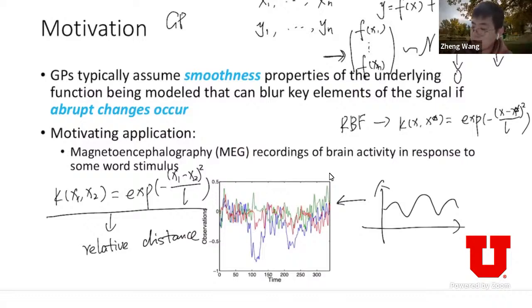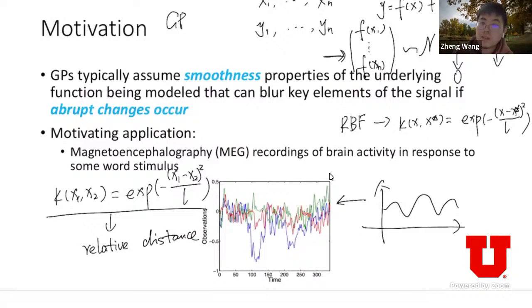Yeah, because in these applications, when you see a word, your neural systems can have some complicated reactions to this word.